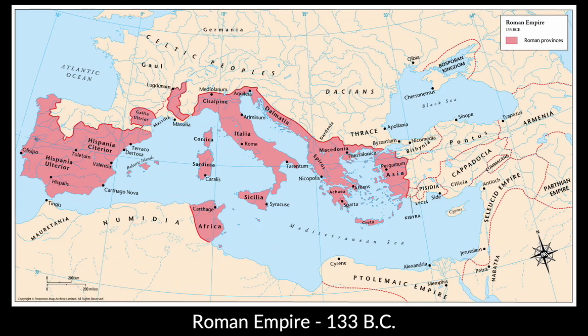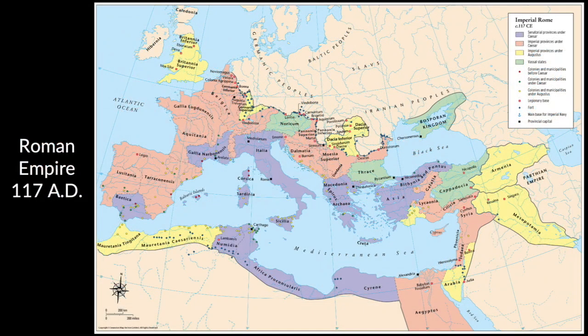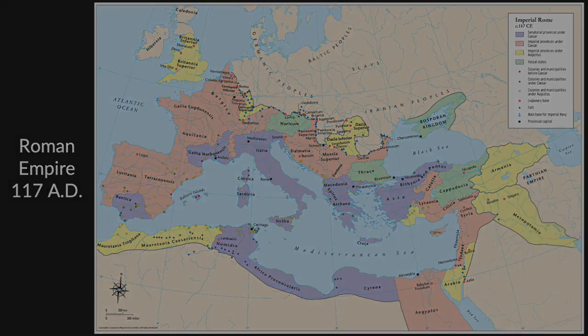As a matter of fact, let's go ahead and pull up another map. This is the Roman Empire in 117 AD. And at this point in time, the empire has expanded pretty dramatically. The Jews are no longer outside of the empire. You'll notice down here, Judea is an imperial province, so it's a part of the Roman Empire. Of course, Egypt is now a part of Rome, all the way across northern Africa.